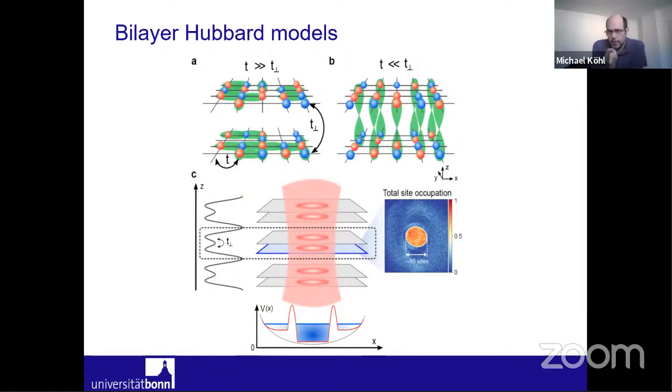Then we apply some state manipulations, which brings only those atoms into the state that we detect. And on this layer, you don't have spatial resolution in the plane, correct? Exactly. Yes. Okay. That's very cool data.